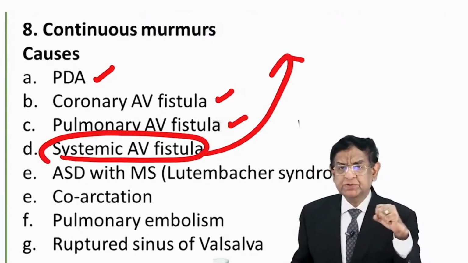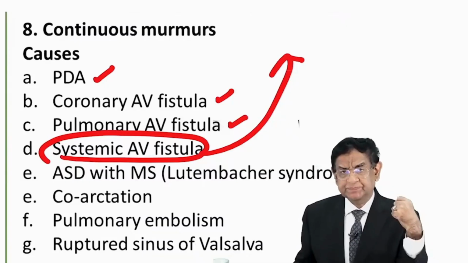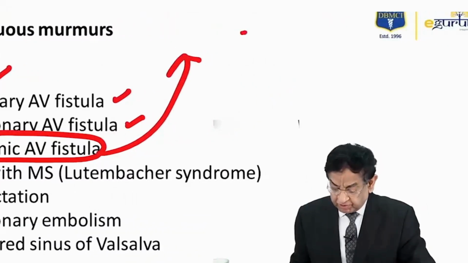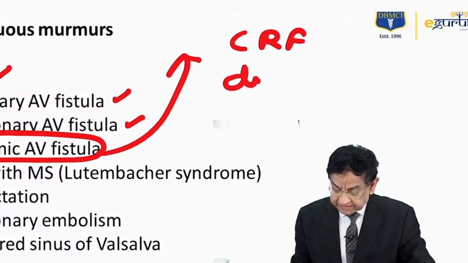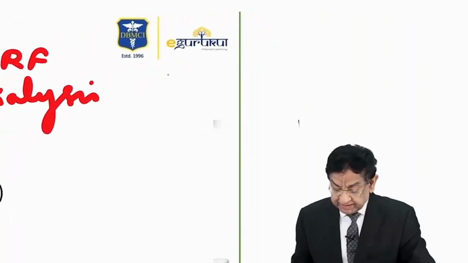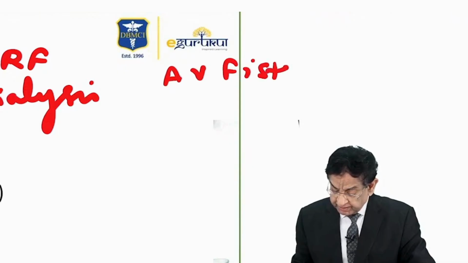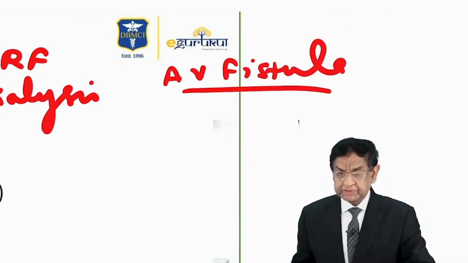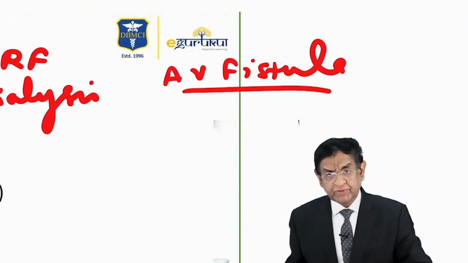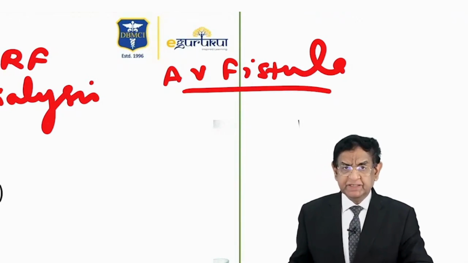If I ask you, where do you see this? The best example is if you have seen any patient of chronic renal failure who is undergoing dialysis. In them they always make an AV fistula. Most of you must have seen it, and those of you who have not seen, try to see any patient.